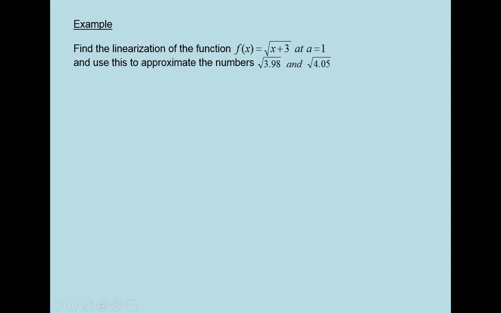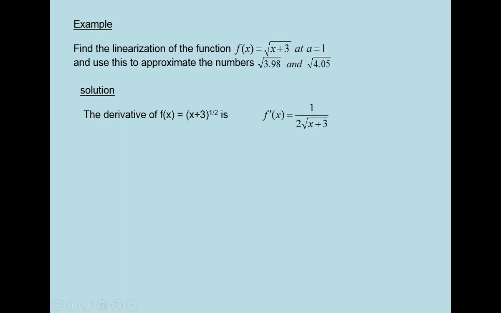Find the linearization of the function, the square root of x plus 3, at a equals 1, and use it to approximate the numbers, the square root of 3.98 and the square root of 4.05. So we're going to linearize the function at a equals 1. To linearize the function, we do need the derivative of the function. So let's find the derivative.